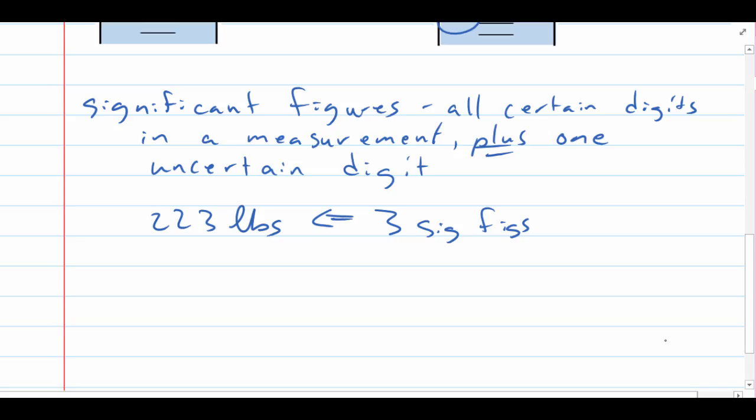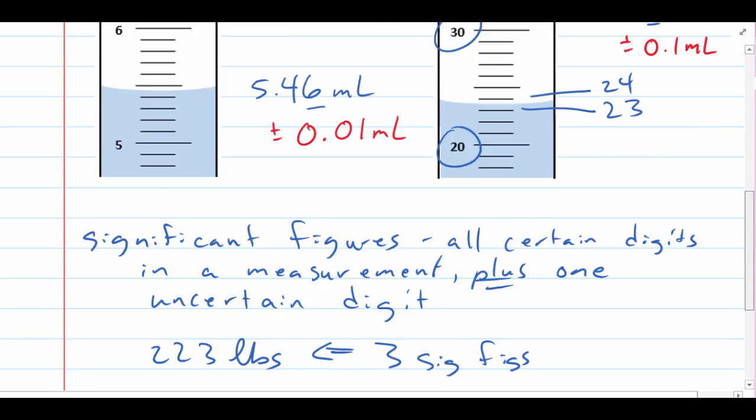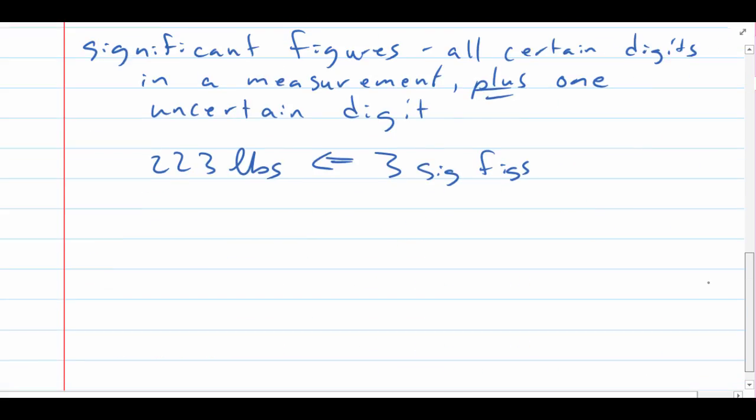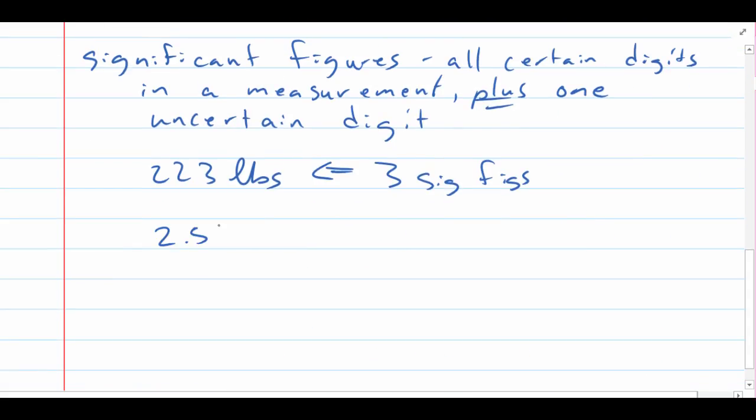And then if we went back to our penny mass of 2.517 grams, how many significant figures would this one have? Well, which digit is the uncertain digit? The 7, right?